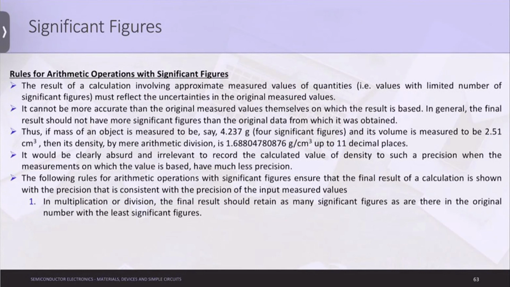Aside from this, for the true value, because there was no uncertainty or error associated with it, there were infinite significant digits. But it is quite evident that anything which is measured will always have an uncertainty, and because it is having an uncertainty, there is no chance that it will have infinite number of significant figures.